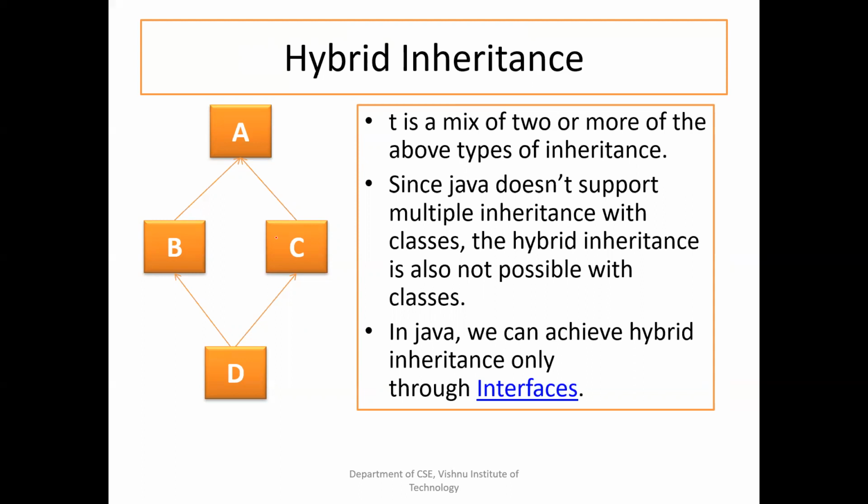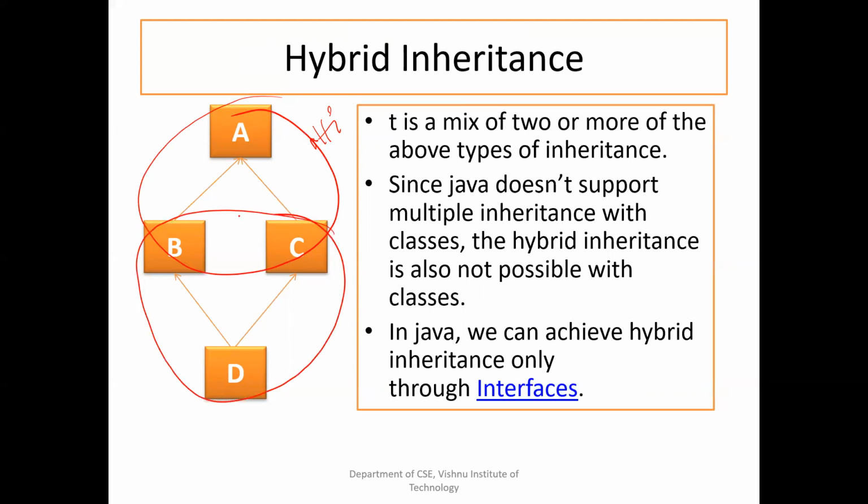If you observe this, B and C are children of A, so here it is hierarchical inheritance. And D is a child of B and C, which is multiple inheritance. So this is a hybrid inheritance, diamond inheritance, which involves multiple also. So it is not possible by classes.